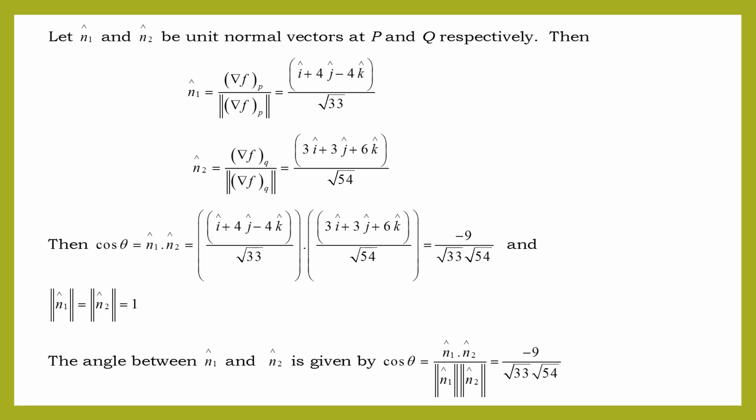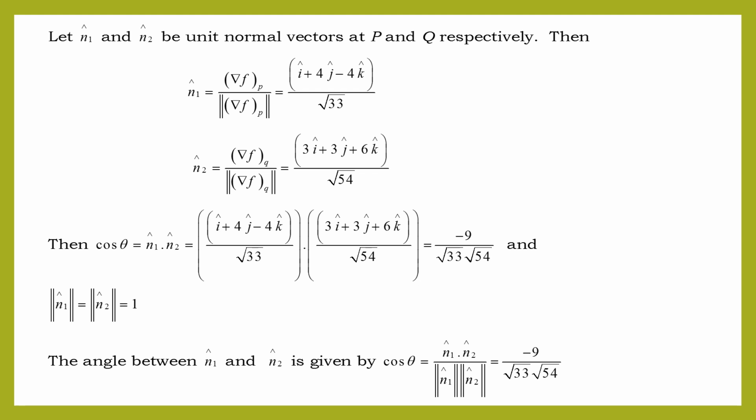Similarly, the norm of n2 is also 1. So the norms of n1 and n2 are equal to 1, so they are called unit vectors. Not only that, they are normals to the given surface at the given points. So these two are called unit normals to the given surface at the given points.